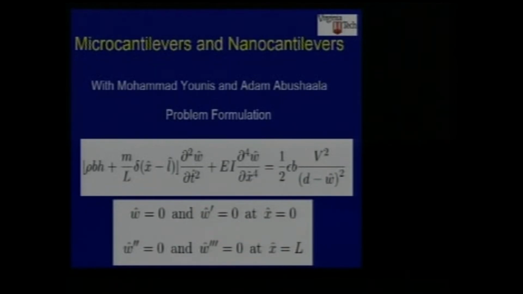For a cantilever beam, the boundary conditions at the root are that the displacement and the slope are 0. And at the other end, you will have the curvature and the shear force to be 0.